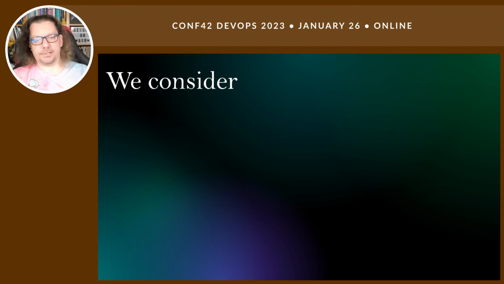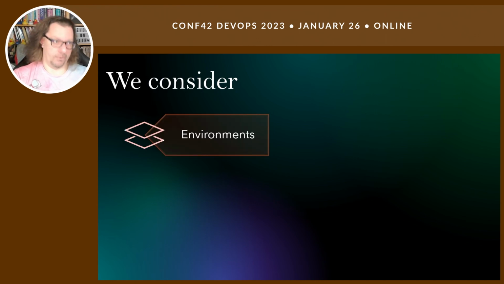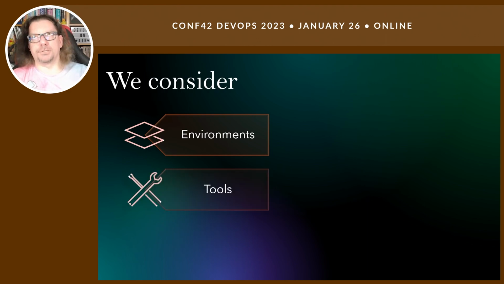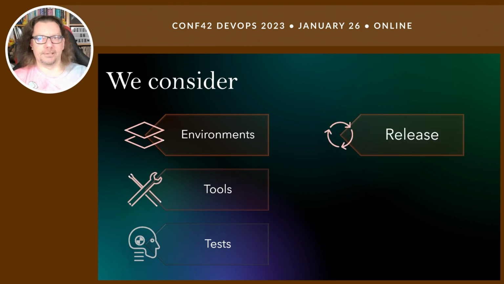And we consider mainly the environments, as the previous slide showed. We consider the tools, we consider the tests sometimes, if we are advanced enough. Those of us who are seniors consider even releases, how we do the releases.